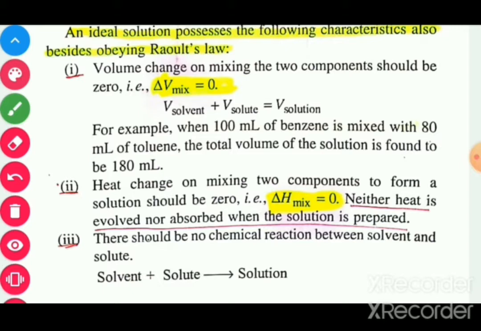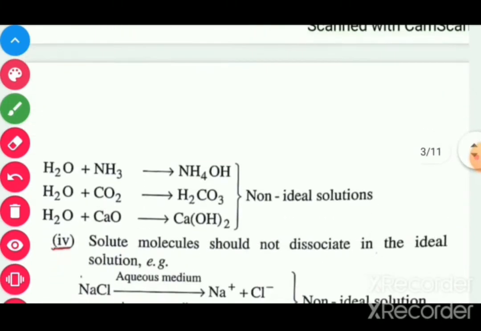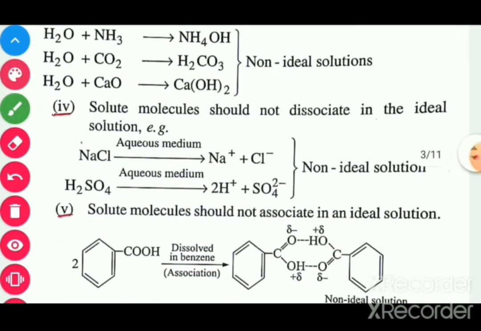Third point, there should be no chemical reaction between solvent and solute. If solvent and solute react with each other, then that solution is not ideal. Fourth point, solute molecules should not dissociate in the ideal solution.